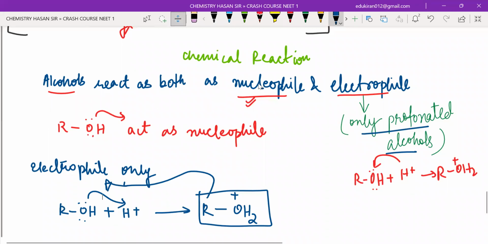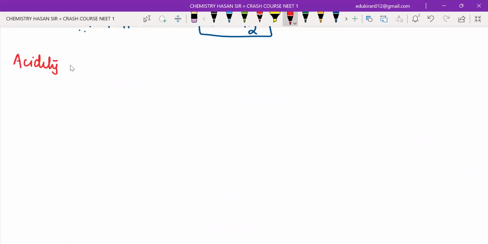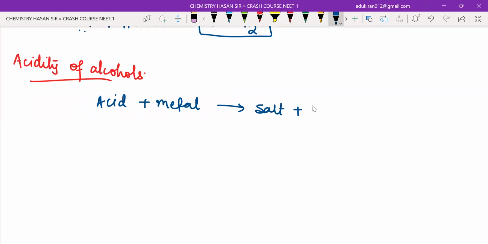Now, the next chemical property that I'm going to start is very easy, that we have already studied. Acidity of alcohol. Since alcohol is an acid, we are going to study acidity of alcohol. And as you know, when acid reacts with metal, the product is salt plus hydrogen gas. Yes or no?